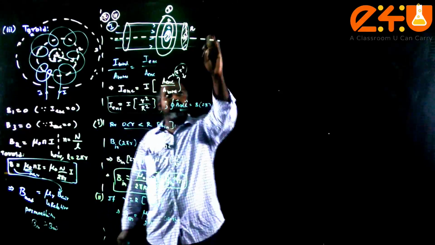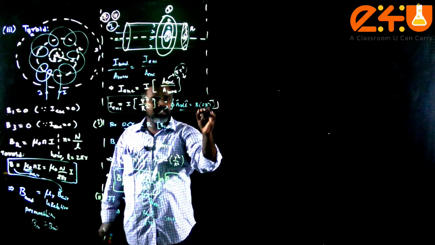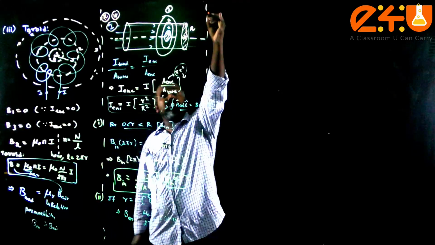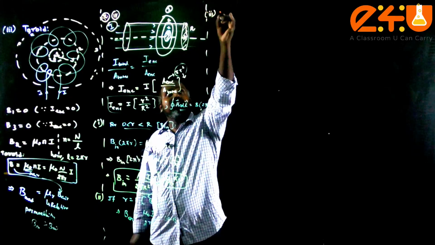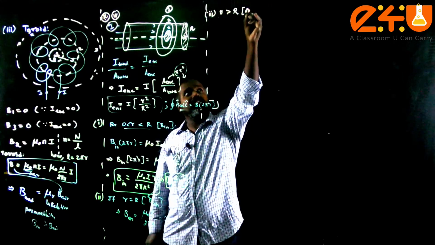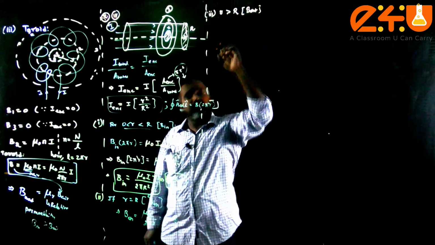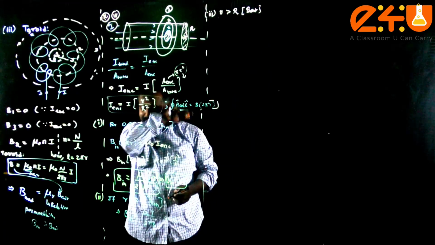Now let us go to the third case. The third one is, if small r is greater than capital R, that is an outside point. So we are going to measure B out.